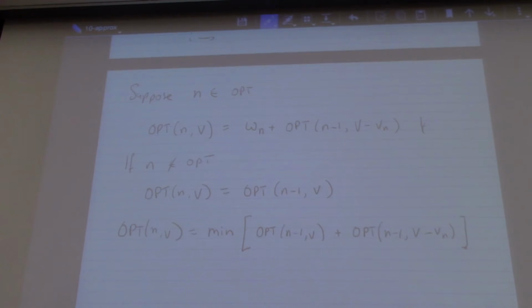Every item could have the maximum value. So capital V is less than or equal to n times V star. We'll assume these are all integers, so that you have discrete values. So the total size of the table is n times n V star.